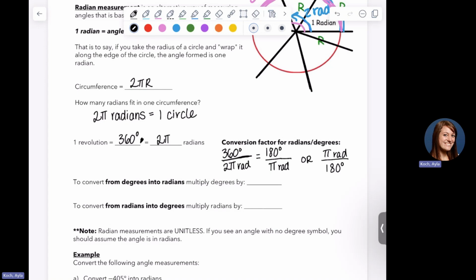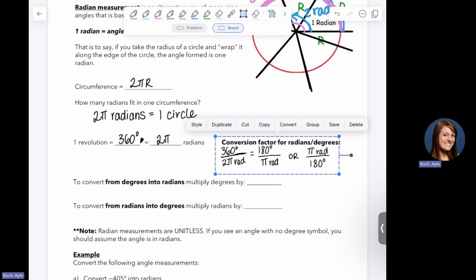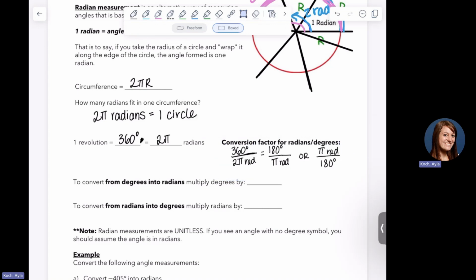So if you want to switch from degrees into radians, maybe I'll shrink these a teeny tiny bit and move them up there. If you want to convert from degrees into radians, you multiply degrees by pi over 180 degrees. You can think of this like unit conversions.